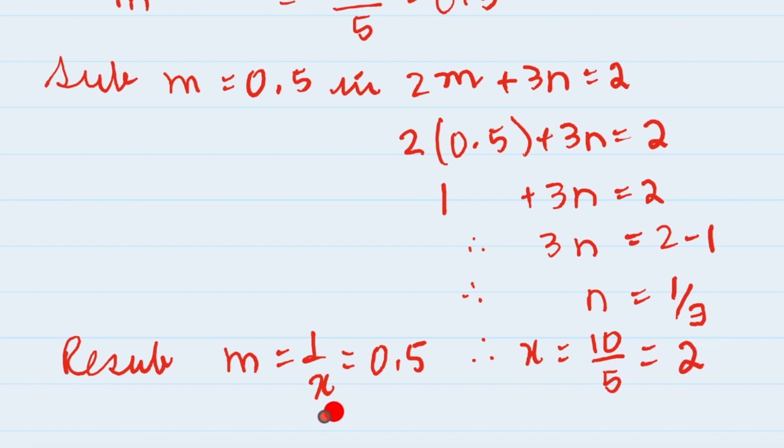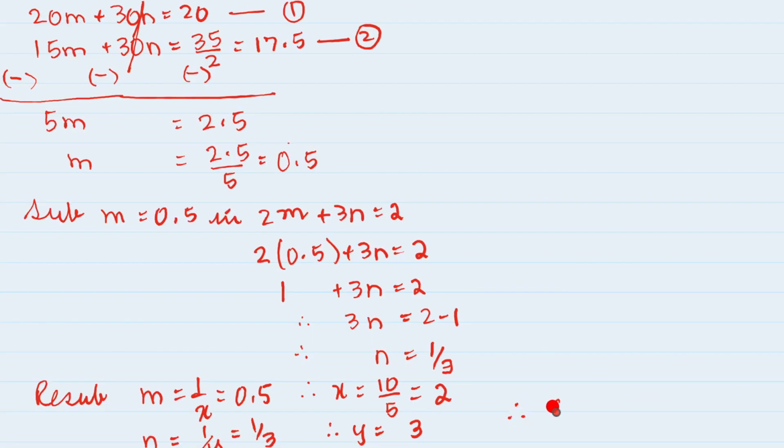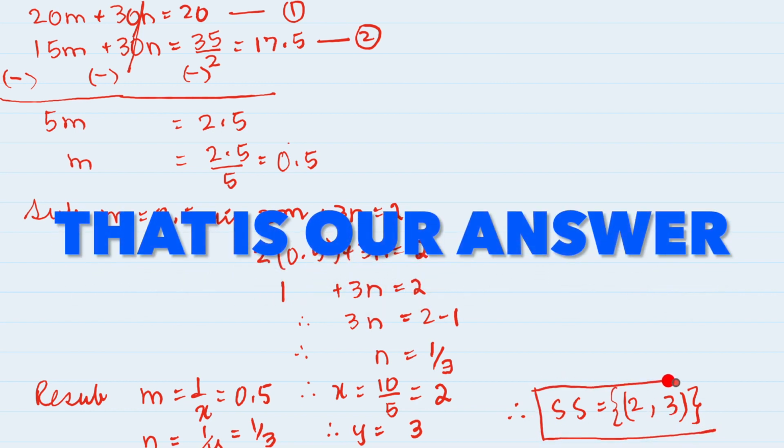That will be equal to 2, and n will be equal to 1 upon y, which is 1 upon 3. Therefore y is equal to 3, and therefore our solution set will be x comma y, which means 2 comma 3, and that is our answer.